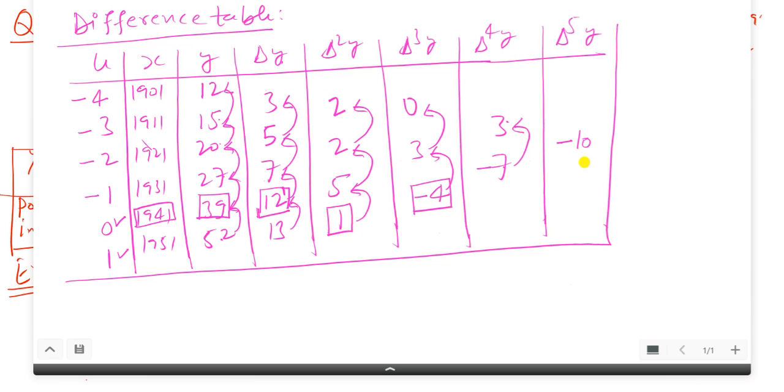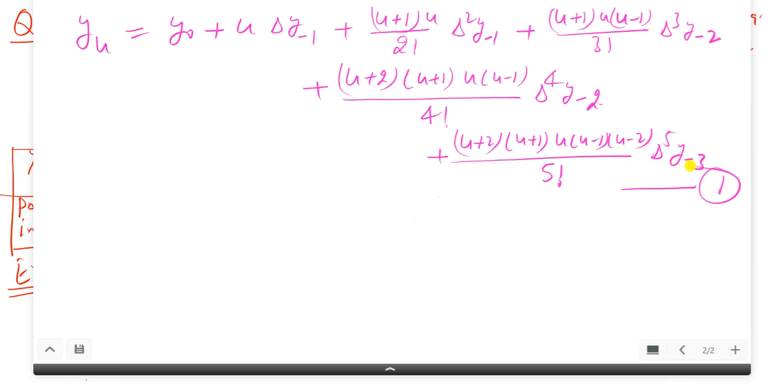So when we apply the Gauss backward interpolation formula, from the table and the value of u equal to minus 0.5, we substitute in equation 1.